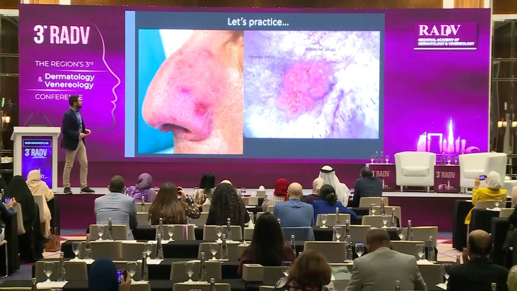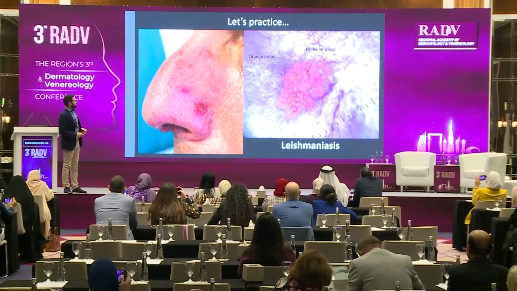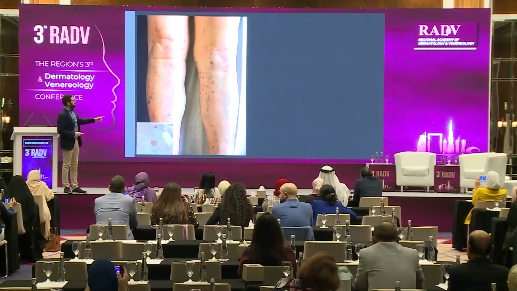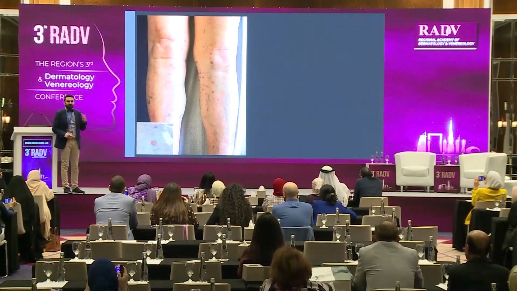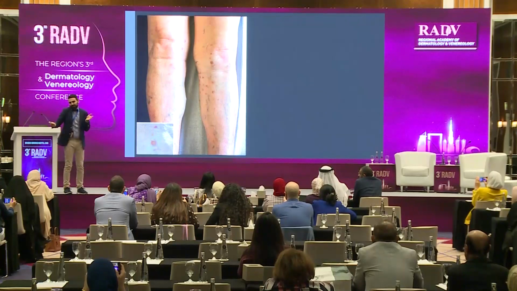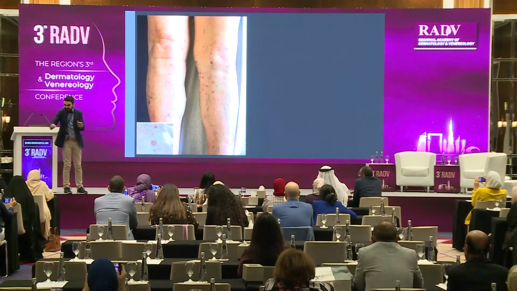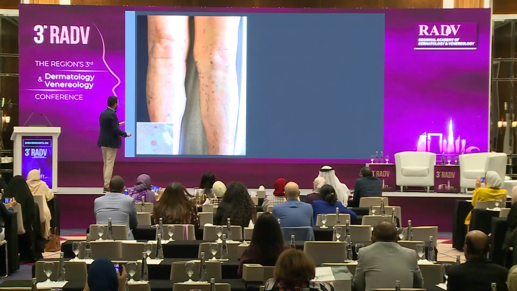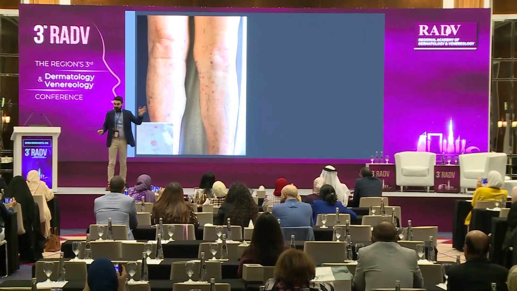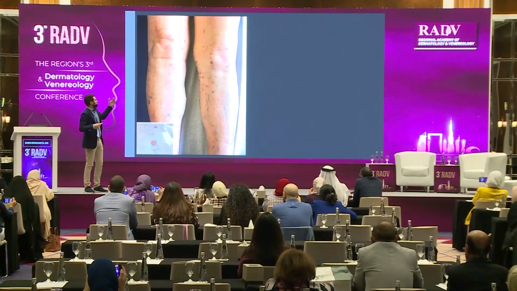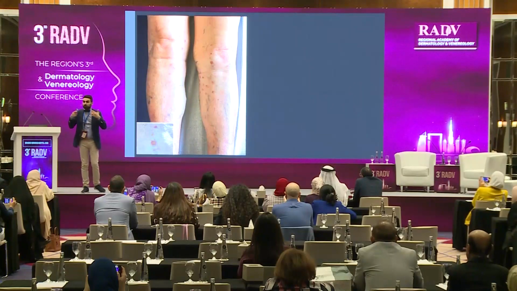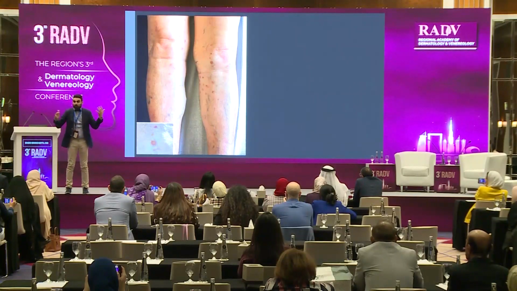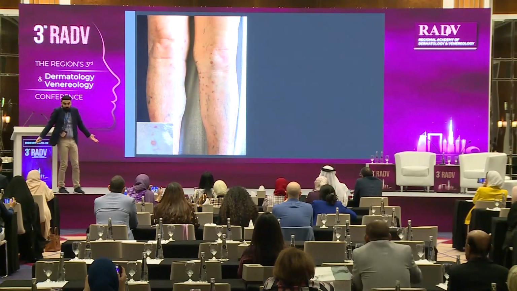So, leishmaniasis, correct. Perfect. And here, this was very difficult, honestly. Sarcoidosis? Yeah, sarcoidosis is never a mistake. Okay, sarcoidosis, I agree with you, but it could also be lymphomatoid papulosis, for example.